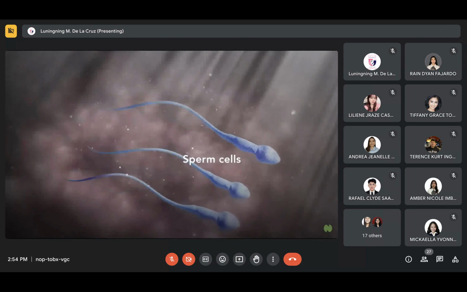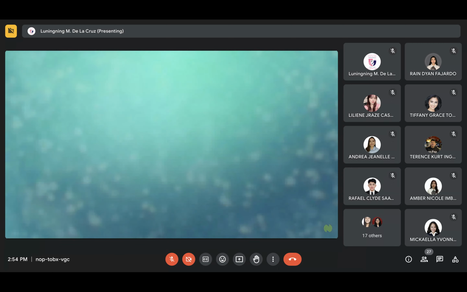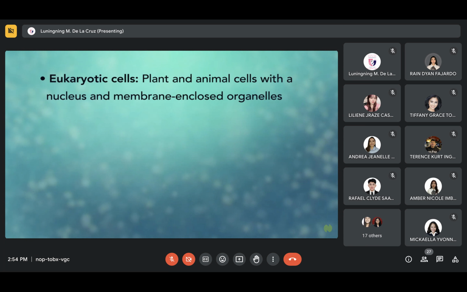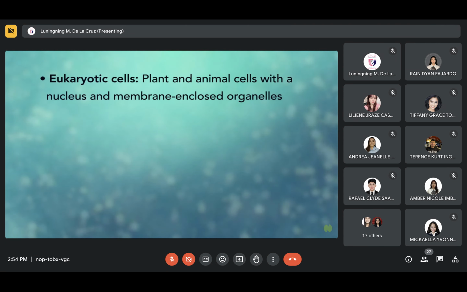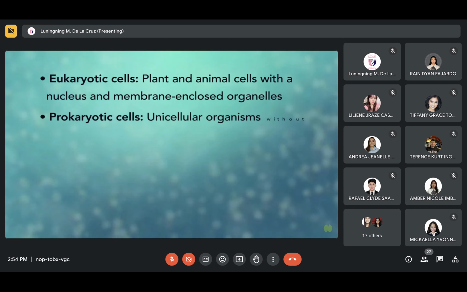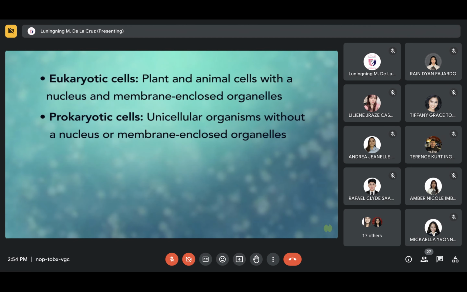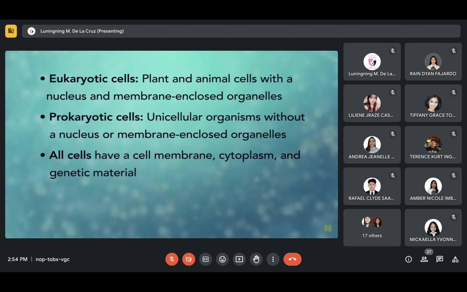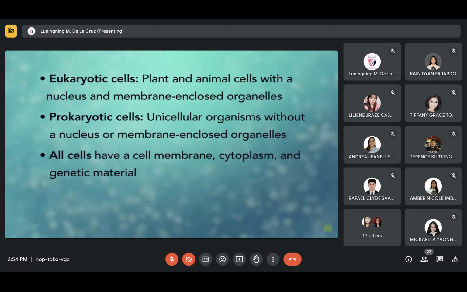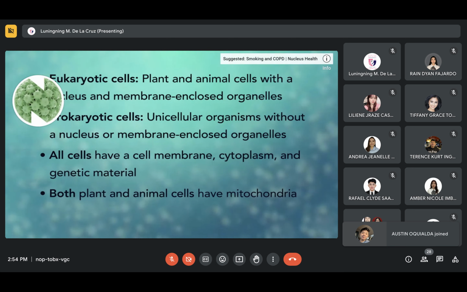The only human cell that has a flagellum is a sperm cell. In summary, remember, eukaryotic cells are plant and animal cells with a nucleus and membrane-enclosed organelles, while prokaryotic cells are unicellular organisms without these things. All cells have a cell membrane, cytoplasm, and genetic material. And even though only plant cells have chloroplasts, both plant and animal cells have mitochondria.